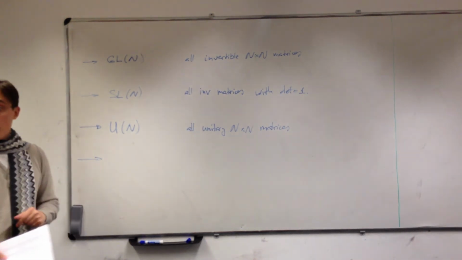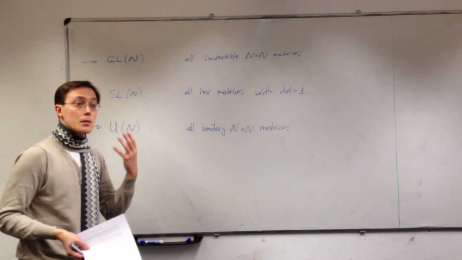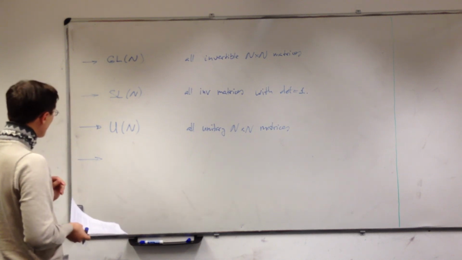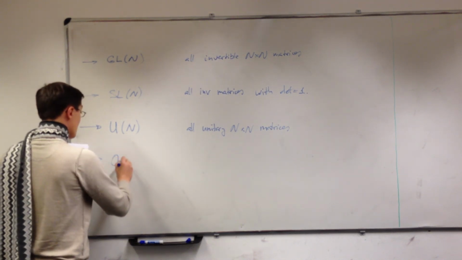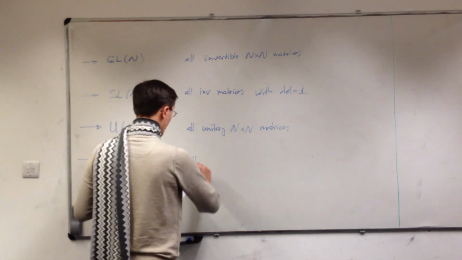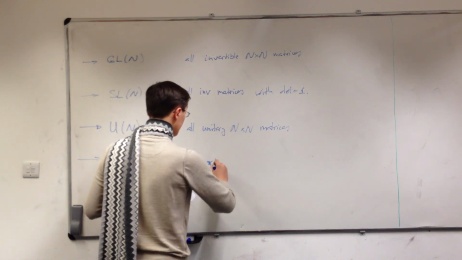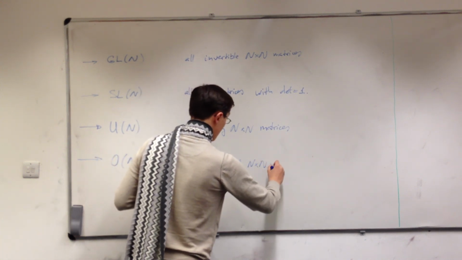But if we're dealing, for example, with rotations, it is also a continuous group, parameterized, for example, by Euler angles, although it's not the best possible parameterization, but still, it will be something called orthogonal group, ON, so all real orthogonal n by n matrices.